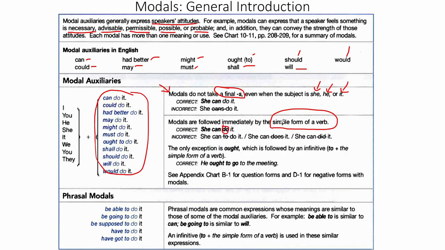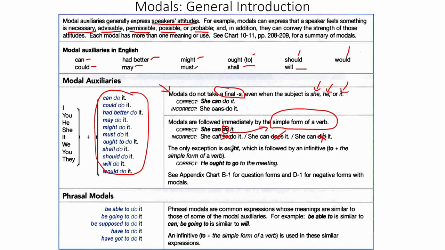That's why it is called the simple form of the verb. But if you say, for example, she can to do it, that's not correct. She can does it, that's not correct. If you say she can did it, and start conjugating the verb, no, you don't have to conjugate the verb because it's an infinitive without to.